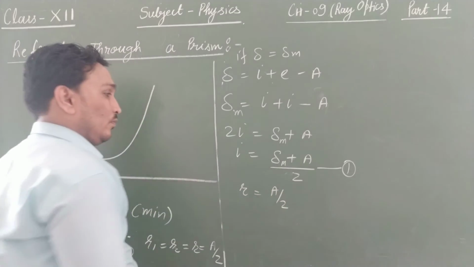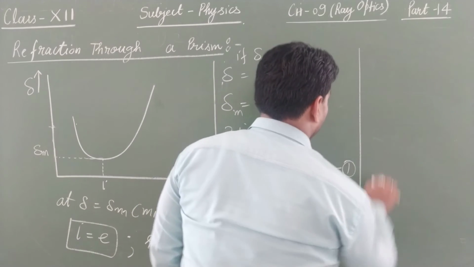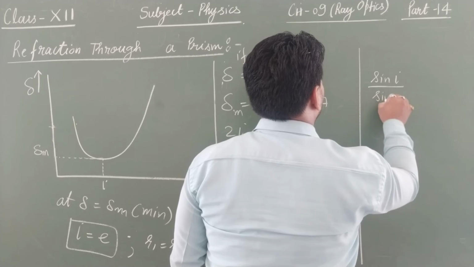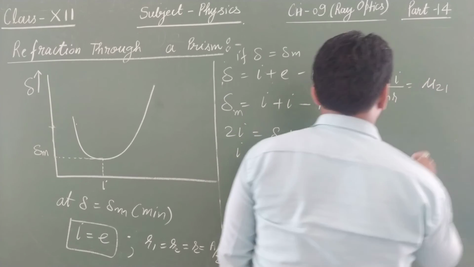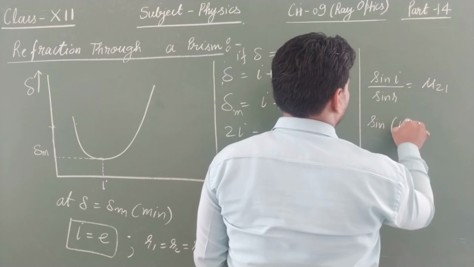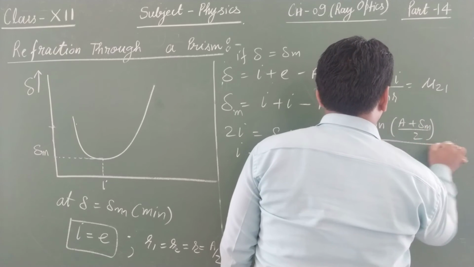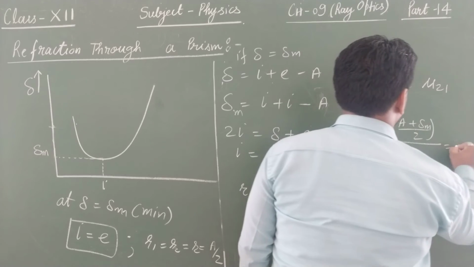A by 2. So if I apply Snell's law on this one, for the first face refraction, I'll have sin I by sin r is equal to refractive index of second with respect to first. In place of I, we can write A plus delta m by 2. In place of r, we can write A by 2, and both is equal to what?